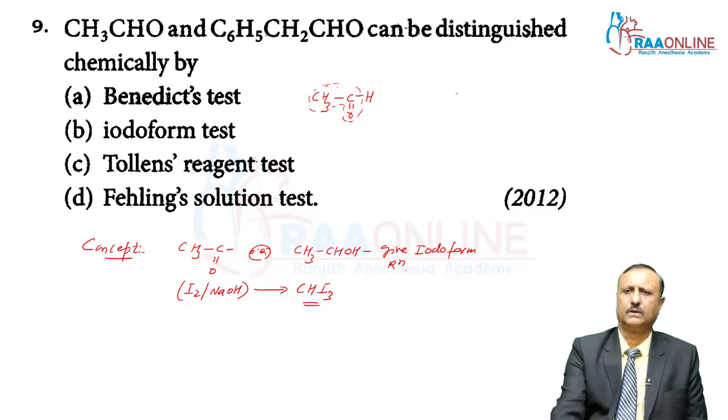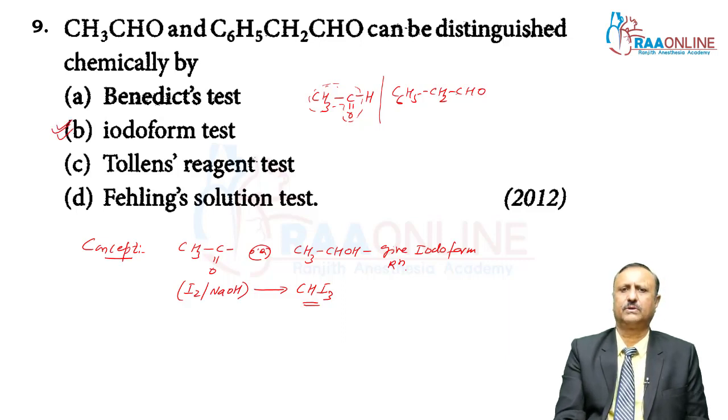But on the other side, you can get CH3CH2CHO, which means neither group is present in this compound. So my dear students, you can go to option B, the iodoform test. We can distinguish both by the iodoform test, and this question was asked in 2012 in NEET exams.